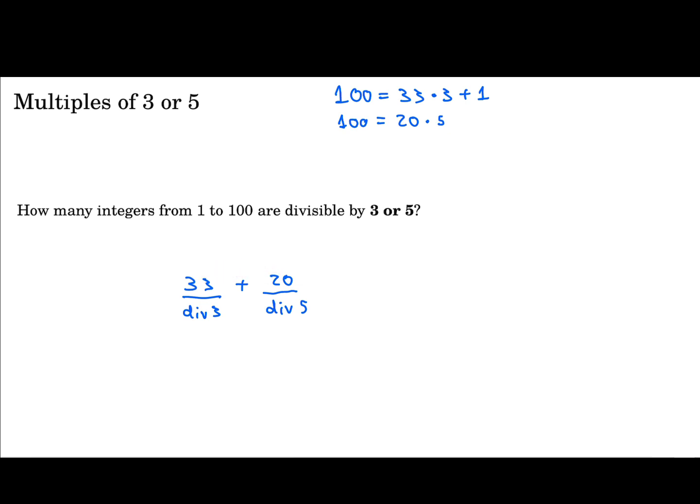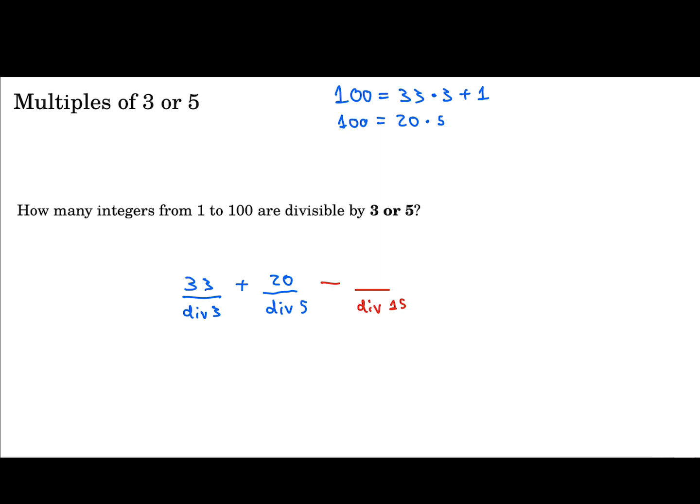And indeed, what are the numbers that appear in both? It's exactly the multiples of 15. And so we need to subtract the numbers that are divisible by 15, because these are the numbers that are in the intersection, let's say, of divisible by 3 and divisible by 5.